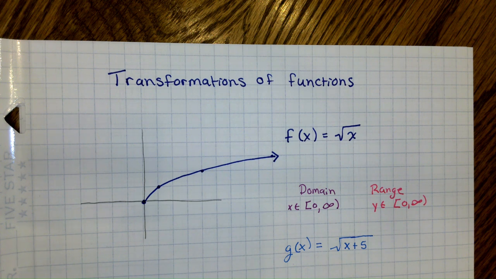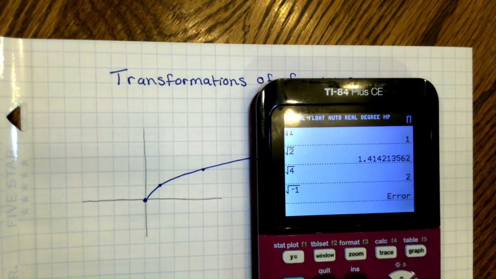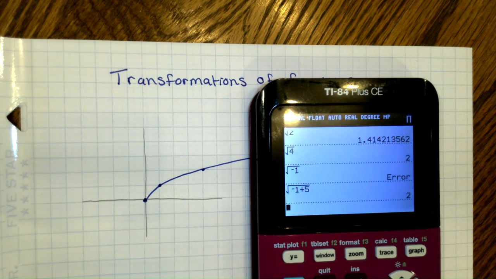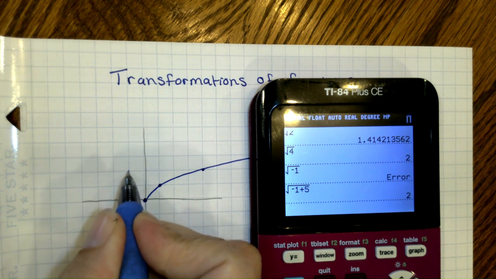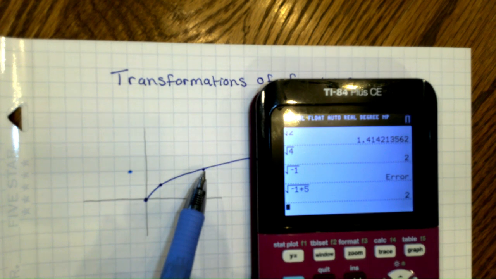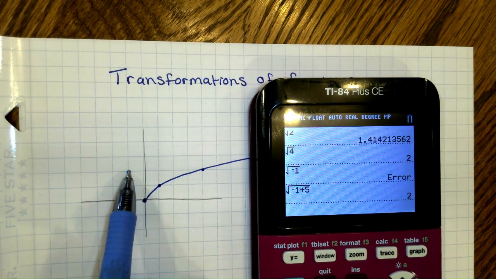Can I do negative numbers now? Yes, I can. Negative 1 was at 2. Now wait a second. Last time I was at 2, I was right here, but now I'm over here. In fact, I'm 1, 2, 3, 4, 5 spaces to the left.